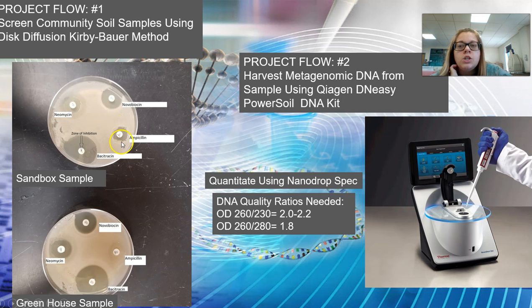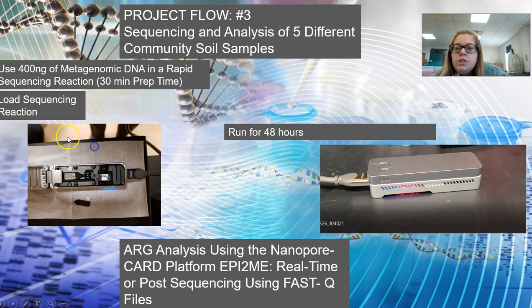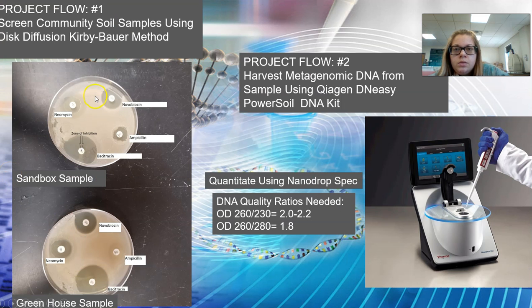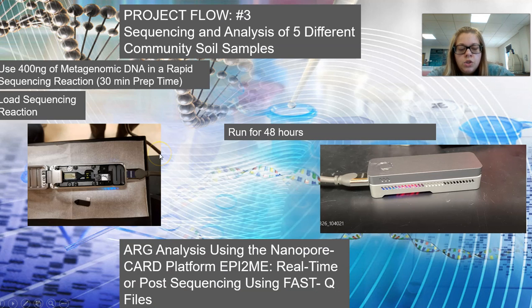These are just representations, but you can see the zones of inhibition around the discs, and this shows which ones would be resistant or not. We started out with that to see what kind of antibiotics were resistant to our samples.